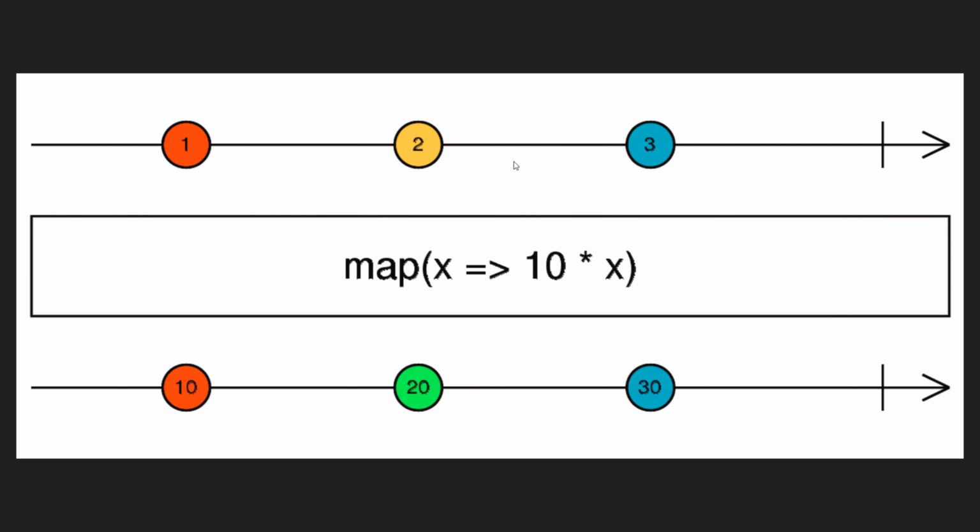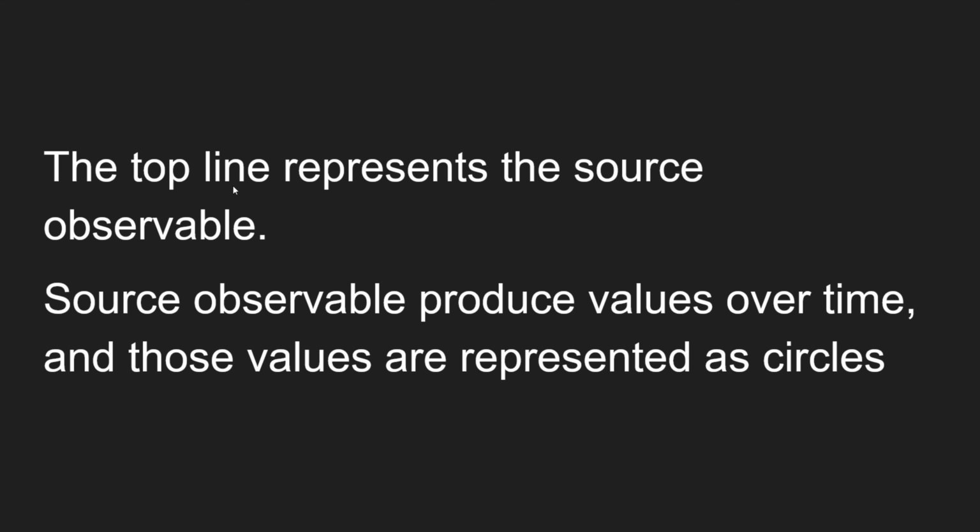Let's analyze what the top arrow and the bottom arrow are, and what the operator in the middle is. The top line is nothing but the top arrow. The top arrow represents the source observable, the observable coming into the operator.